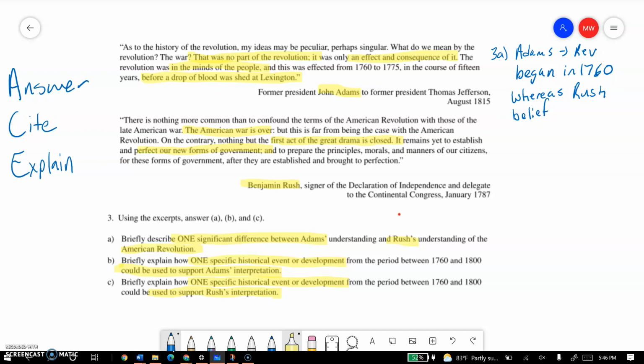So he believes that the revolution comes after.